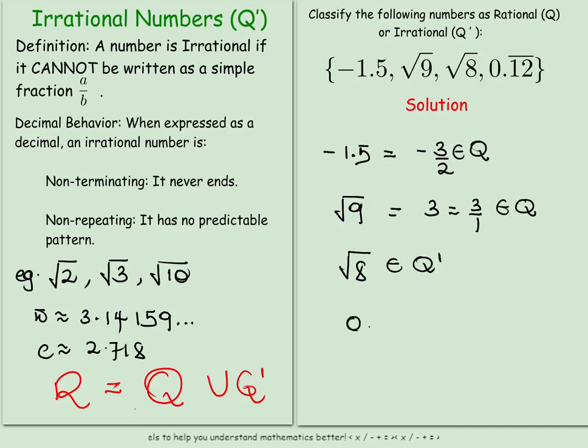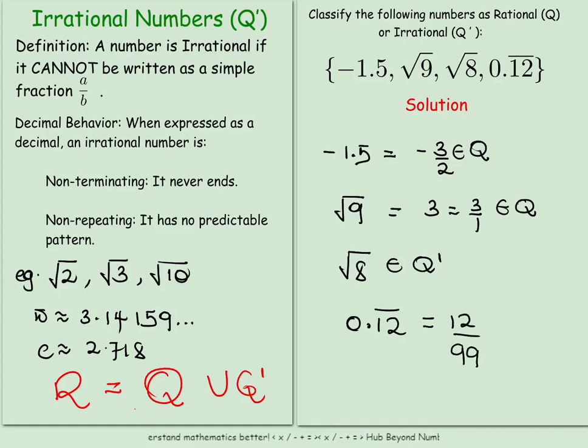Then we have 0.12. Take note of the bar we have over here. This bar simply means it is 12, 12, 12, 12, and the 12 just keeps repeating itself. But then we put the bar here as a short and simple way to write it. So 0.12 with a bar on it can actually be written as 12 over 99.